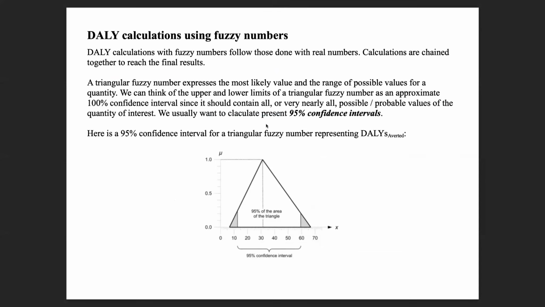Except in this case, we chain the calculations together and we look at the 95% confidence at the end of the chain of each calculation.